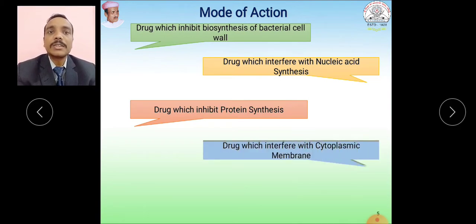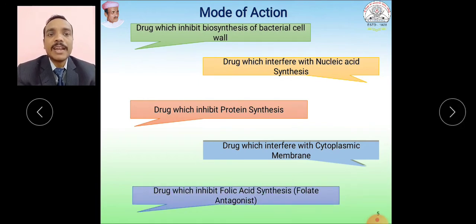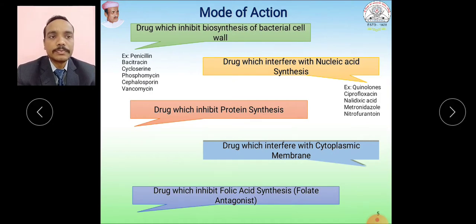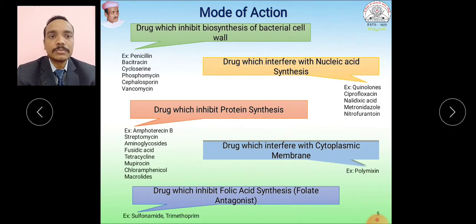Next, drugs which interfere with the cytoplasmic membrane of bacteria. And last, drugs which interfere with folic acid synthesis, that means folate antagonists. Take a look at the examples of each. These are examples of the different classes of antibiotics classified based on mode of action.